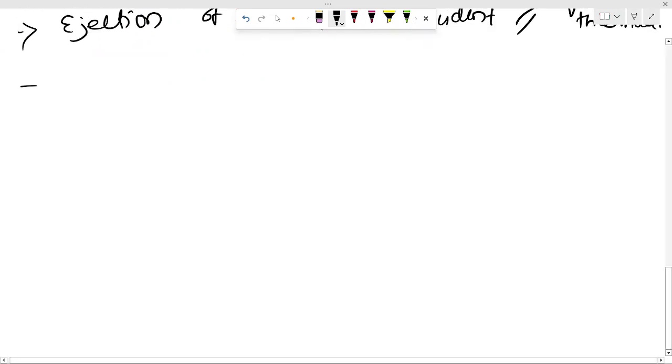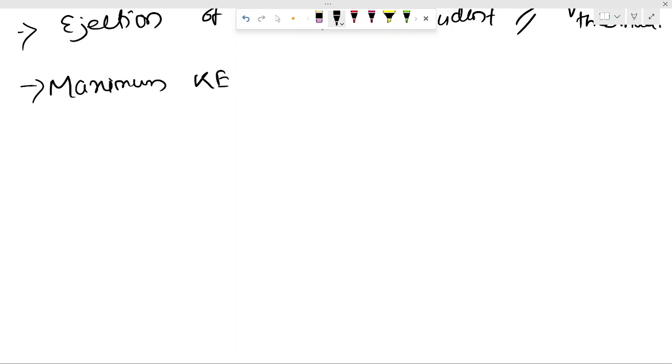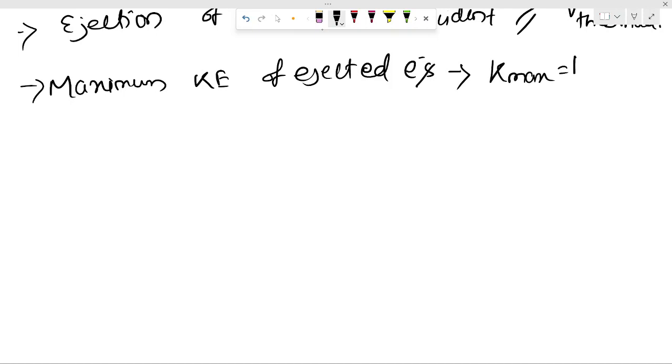Another important point is that the maximum kinetic energy of ejected electrons, K max, is given by h nu, the energy of light, minus the work function. What is work function?